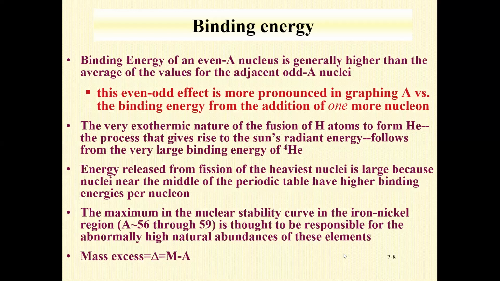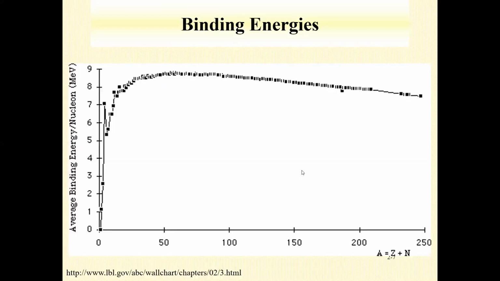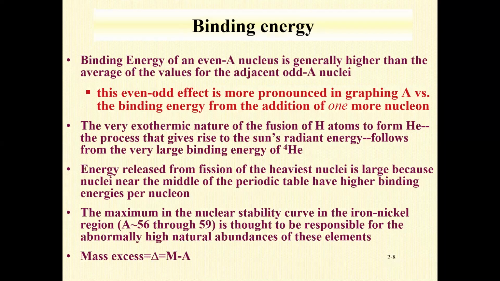Just check this again with this particular graph. You see the middle A values have a higher binding energy. Something like 50 to 100, the average binding energy per nucleon is higher for these elements. So whatever I have listed in this slide, these 4-5 points, have to be dealt with in detail, first qualitatively and then in a quantitative way.